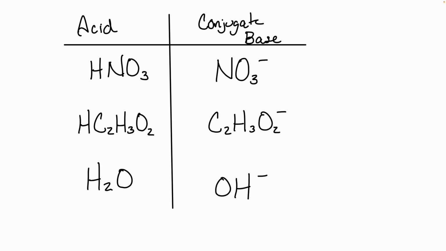If I have water, what's its pH? 7. So this is an order of increasing acid strength here. Whereas nitric acid is a strong acid, and this thing here, acetic acid, is a weak acid, and water is neutral.